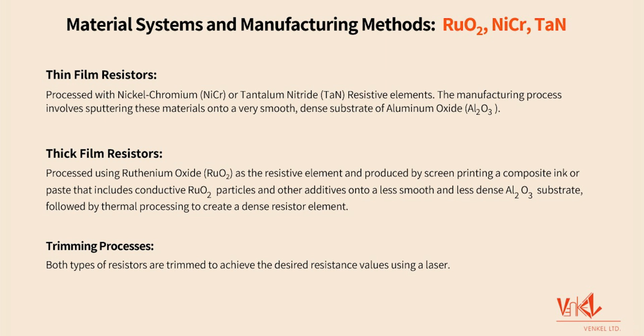In contrast, thick film resistors utilize ruthenium oxide mixed into a paste, which is then screen printed onto a less refined substrate and thermally processed. While they are less precise, the process is simpler and more cost-effective, making thick film resistors suitable for large-scale applications like household or consumer electronics.